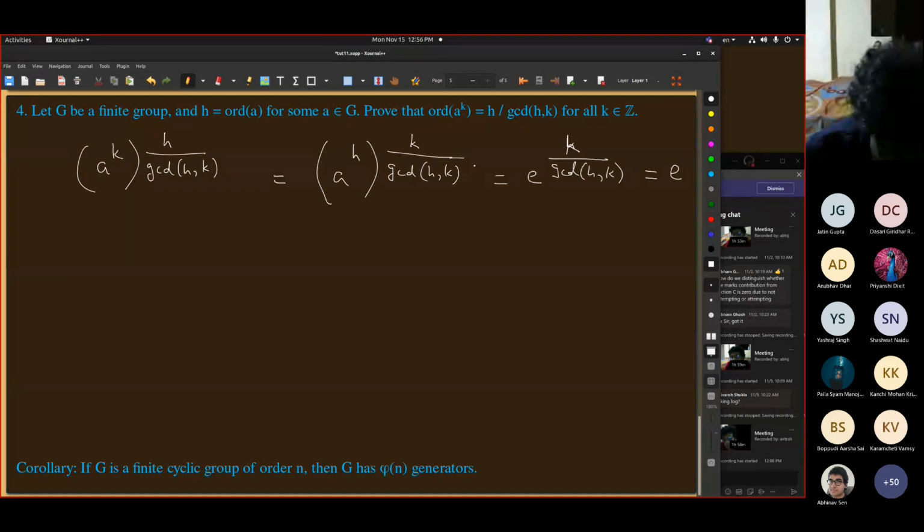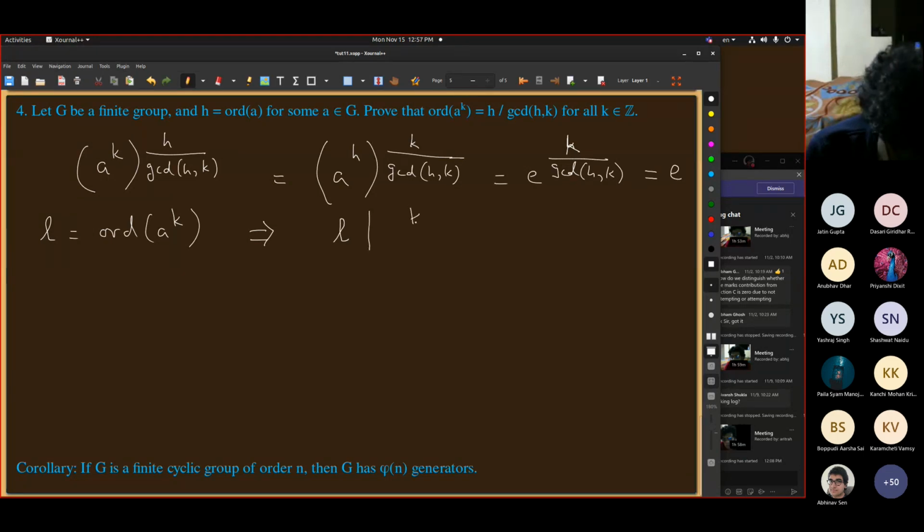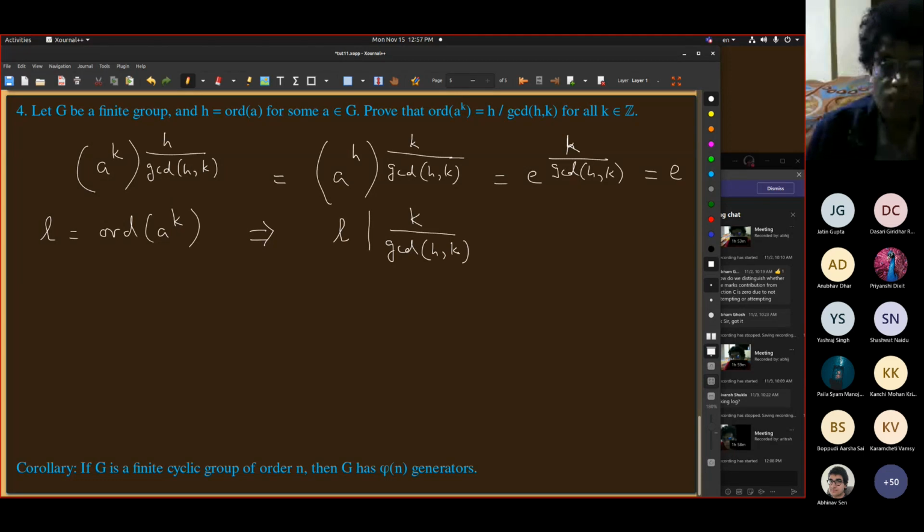So this implies if L is the order of A power K, then L divides this quantity. We have not yet proved equality.